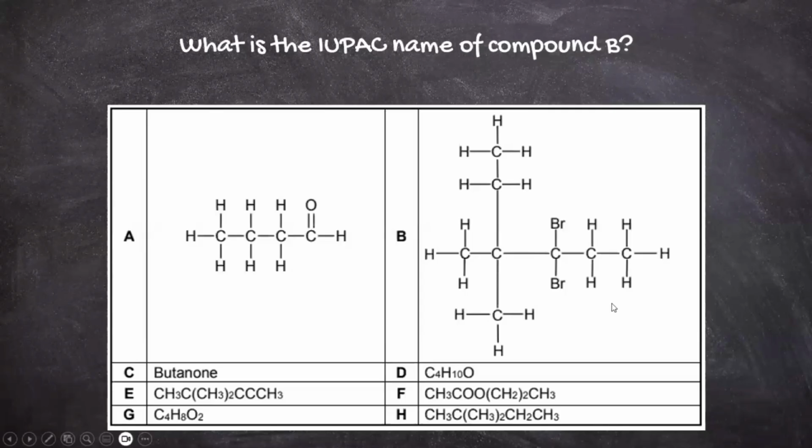So, when you are naming an organic compound, you are always looking, first and foremost, for the longest continuous chain of carbon-to-carbon bonds that you can find. So, in this molecule, the longest carbon-to-carbon chain starts at the top and ends on the bottom right.